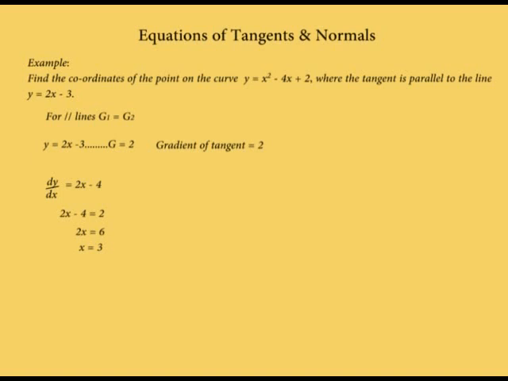So the x coordinate at the point where the gradient is 2, we have found to be 3. Now we find the y coordinate. We substitute 3 for x in the equation of the curve. y is equal to 3 squared minus 4 times 3 plus 2. That gives us y is equal to -1. And so the point is 3, -1.